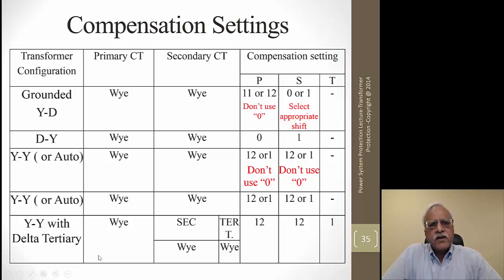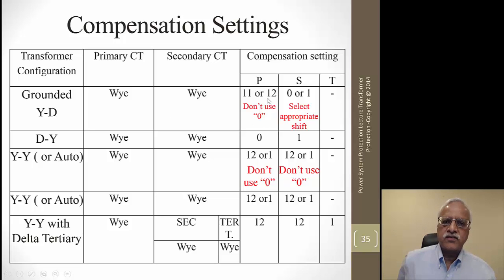So this table essentially tells us what compensation settings can be used in the microprocessor based relay. For Y delta, if CTs are connected in Y, then your 11 or 12 can be used. We cannot use 0, because there will be zero sequence current on the Y side with the Y connected CT, and then there is no zero sequence current on the delta side, so it will misoperate.